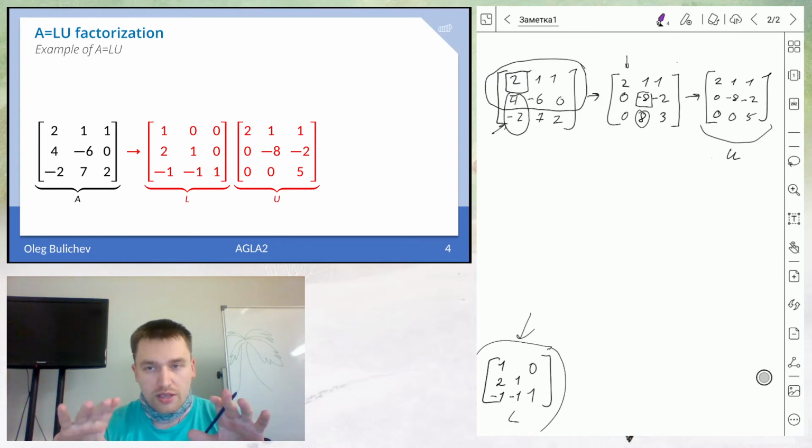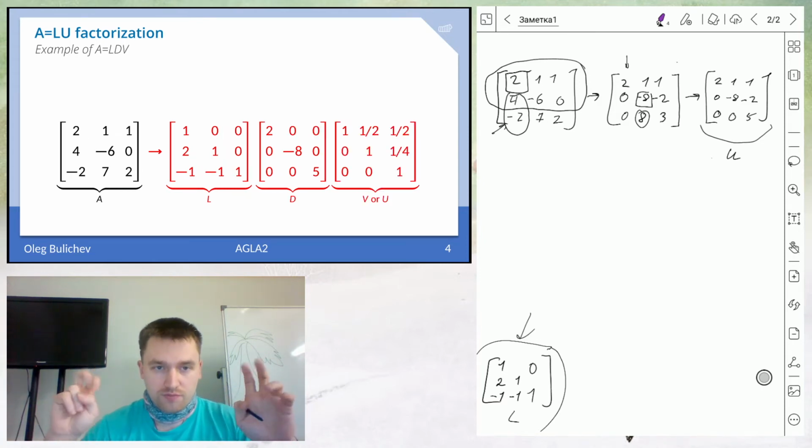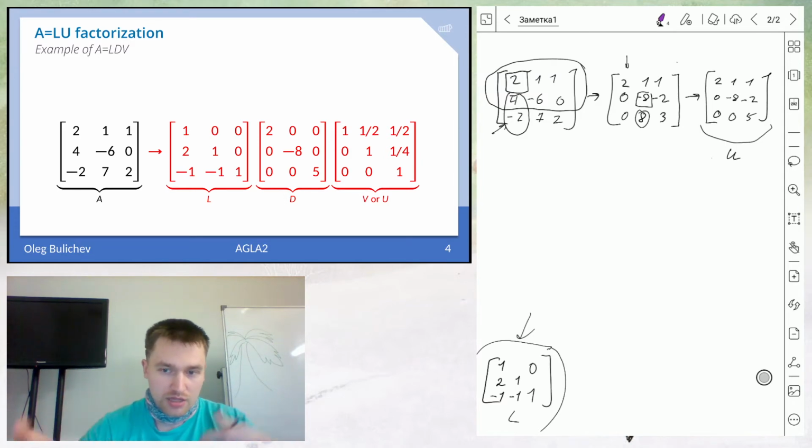The case study of why we need LU will come further. Don't worry. Now I'm just recapping what it means. Also we have a bit of an advanced mode. It's called LGV or LDU.